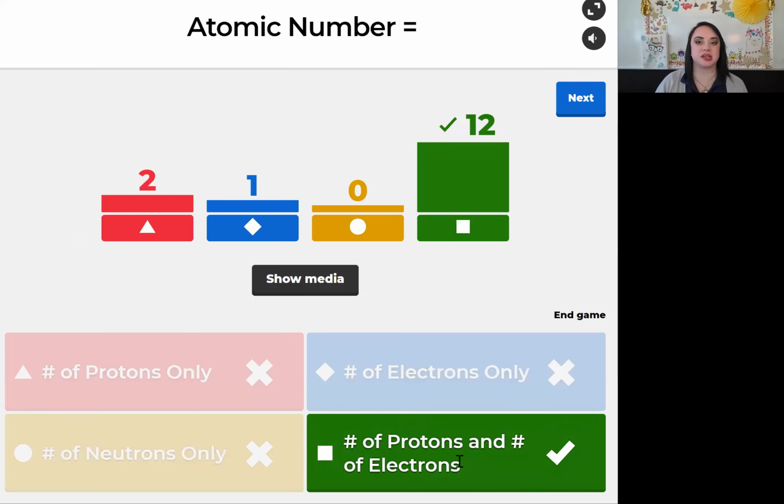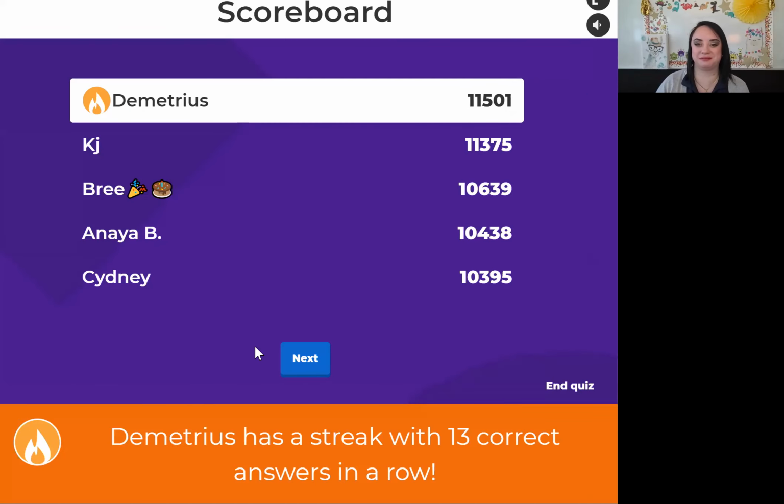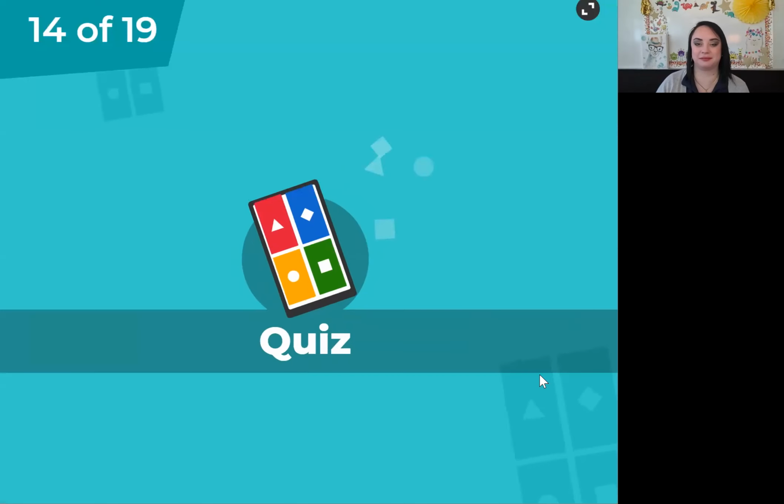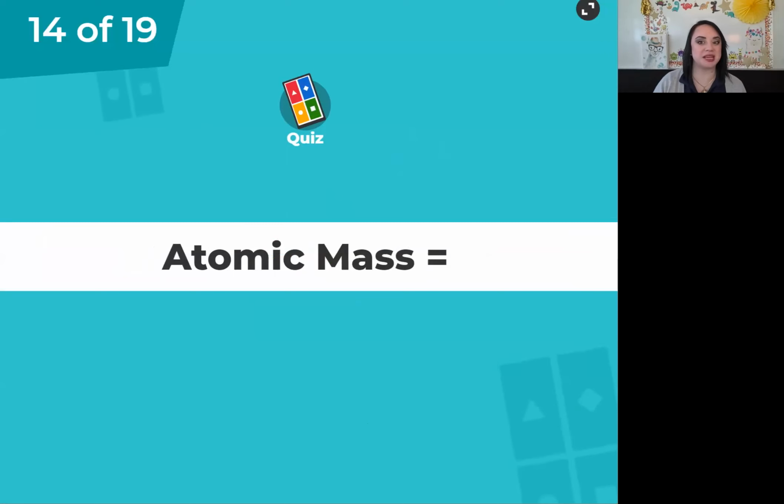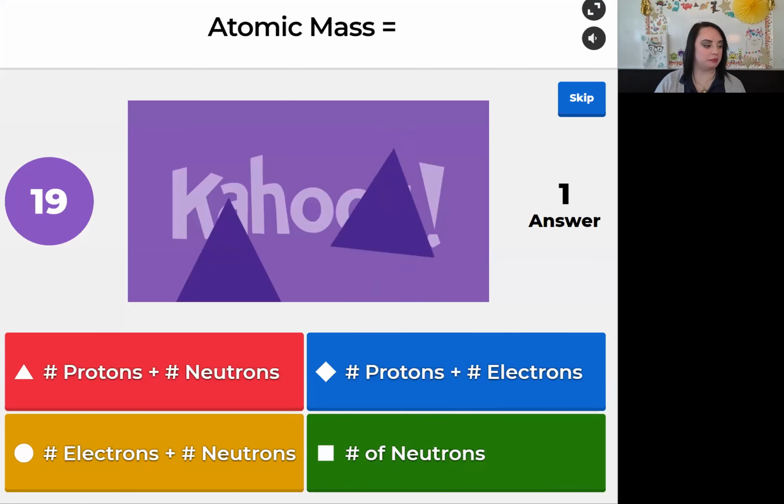All right, good. So the atomic number is equal to the number of protons and the number of electrons in a neutral atom. What does the atomic mass equal?